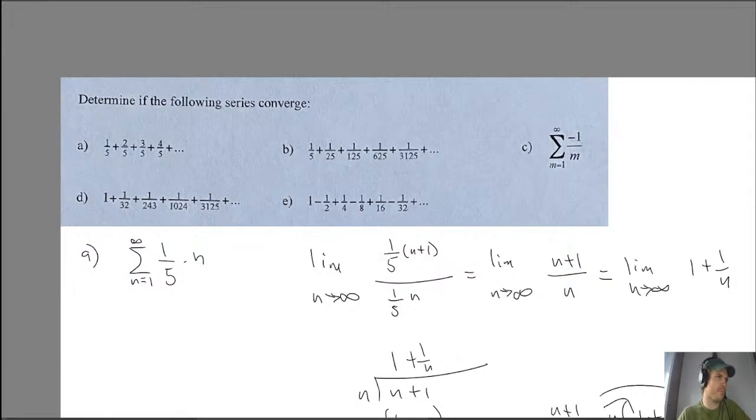Okay, so at a quick glance, does it look like the series terms don't converge to 0 in the limit? Yeah, I don't see why it would. Test if a quick glance suggests that the series terms may not converge to 0 in the limit. Okay, let's try the divergence test.